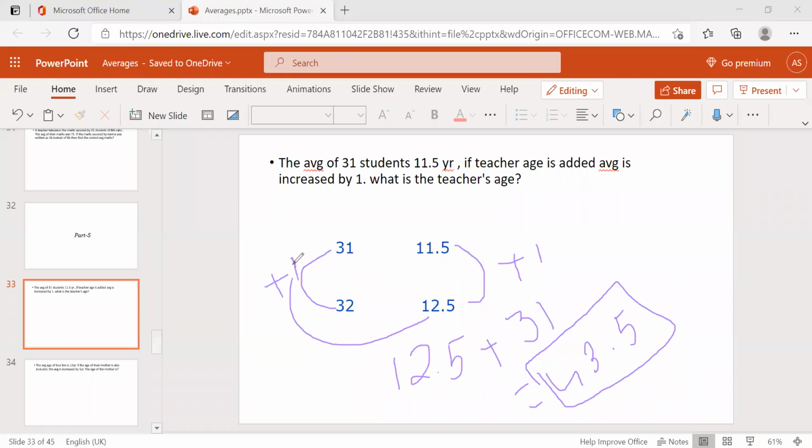The left hand side difference is multiplied with the bottom number, and the right hand side difference is multiplied with the top number of the left hand side. If it is adding, then add. If it is subtracting, just subtract. We'll get the answer. So the age of the teacher is 43.5. Is it clear? Now moving to the next question.